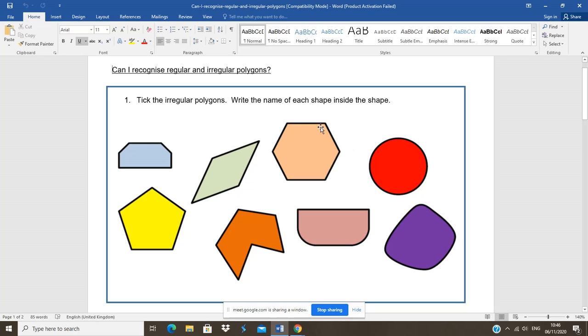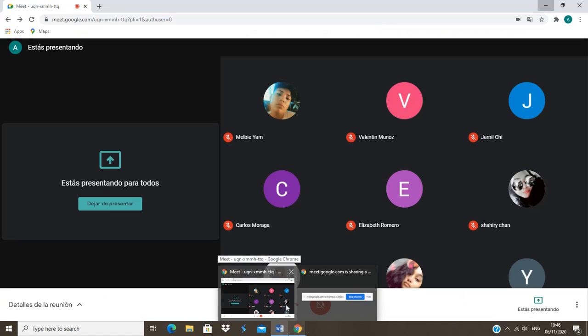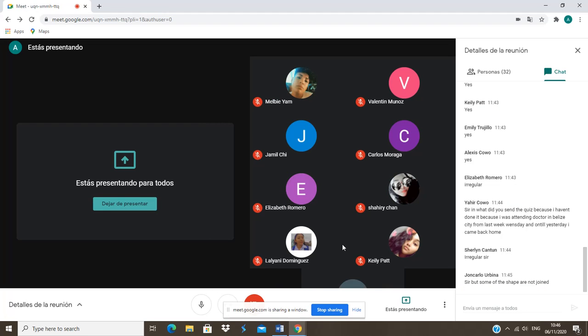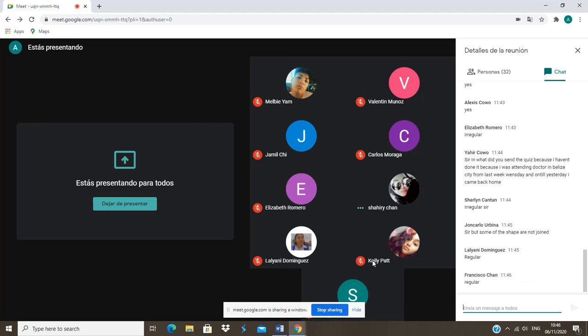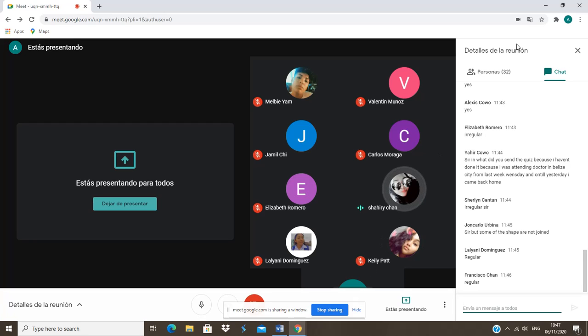Now the third figure that we see here, I think this will be easy for you to understand. Is this figure regular or irregular? Regular, because it has all sides equal, right?